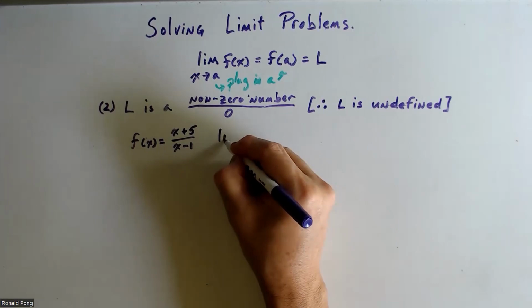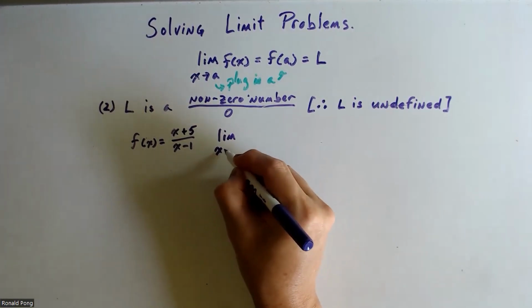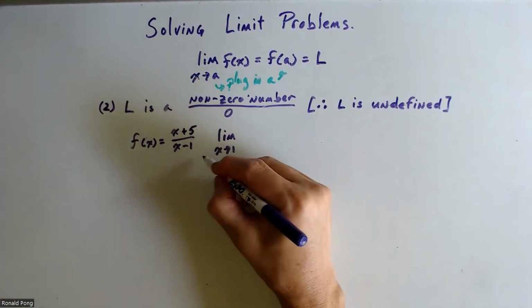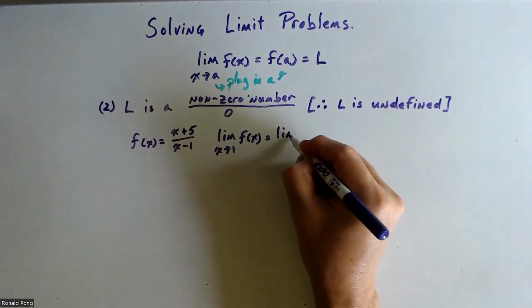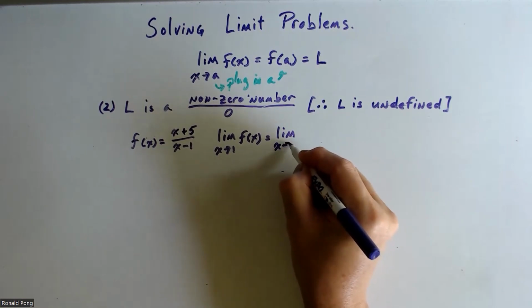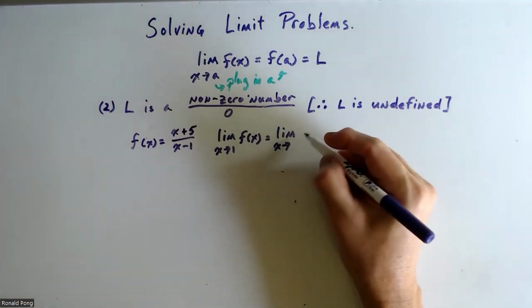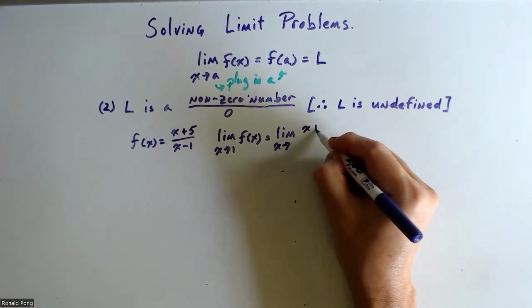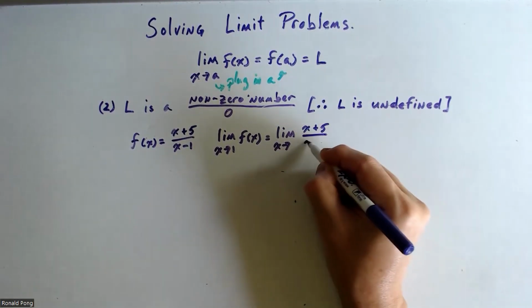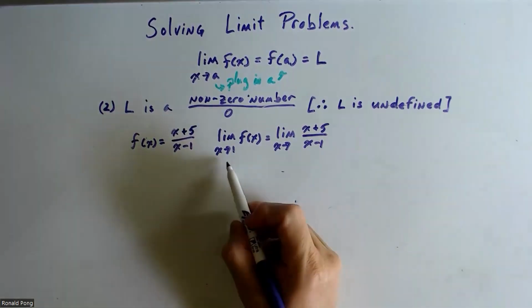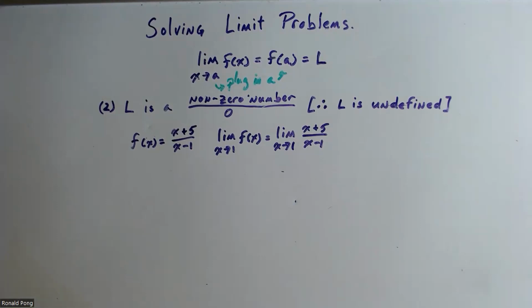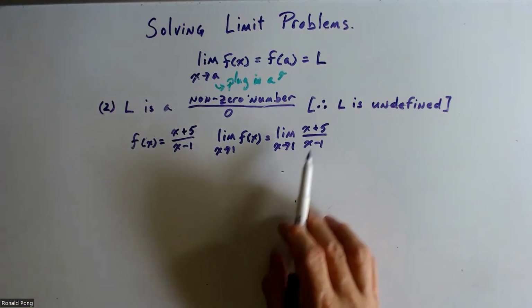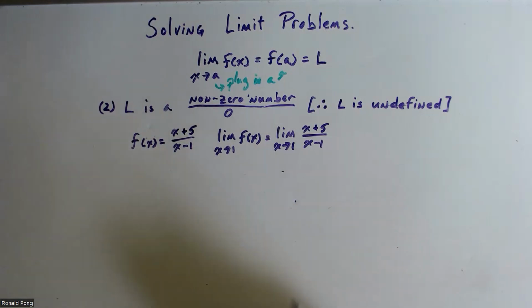And we're interested in the limit as x approaches 1 of this function, f of x, which we will rewrite by substituting the right-hand side expression for f of x, x plus 5 over x minus 1. Again, continuing to write the limit as x approaches the value, in this case 1, until we actually take the limit by substituting 1 into our expression.